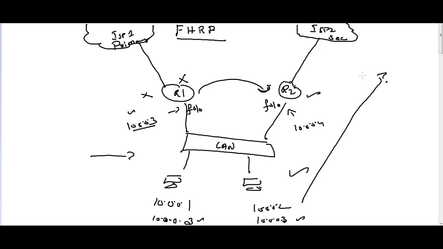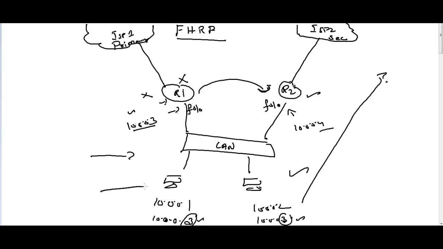That's the idea. But the problem comes with the gateway address. The gateway address that we have given is the IP address of R1. But whenever router 1 fails, I want to switch to R2, whose address is 10.0.0.4.